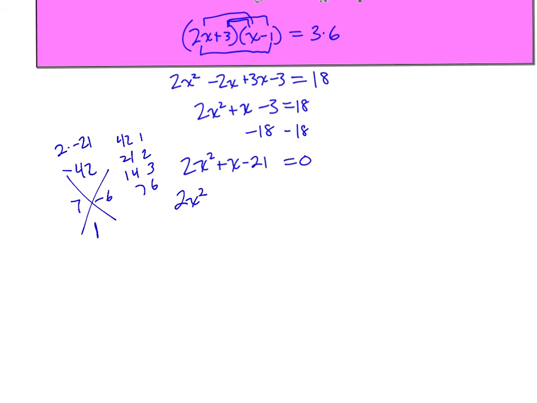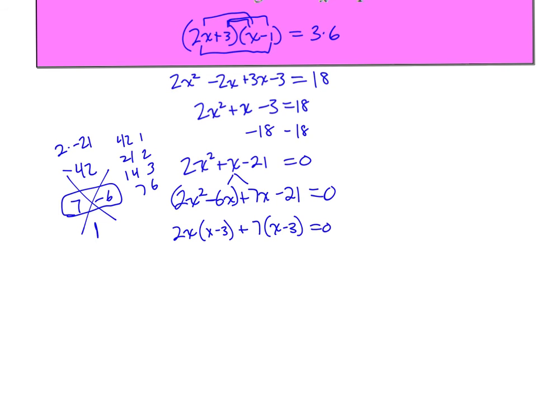So I rewrite that, let's do this. I'm going to go 2x squared minus 6x plus 7x minus 21. Okay, I rewrote it using my factors. Then I go parentheses, 2x, x minus 3. And over here, 7, x minus 3.